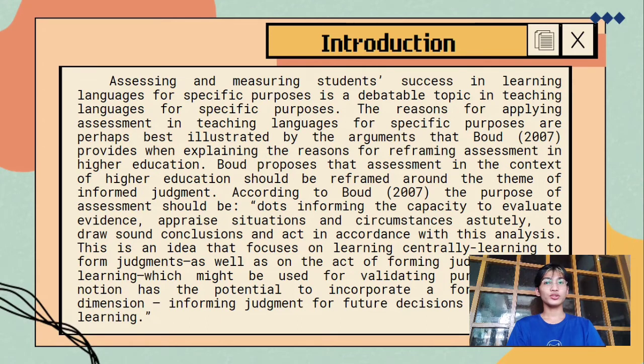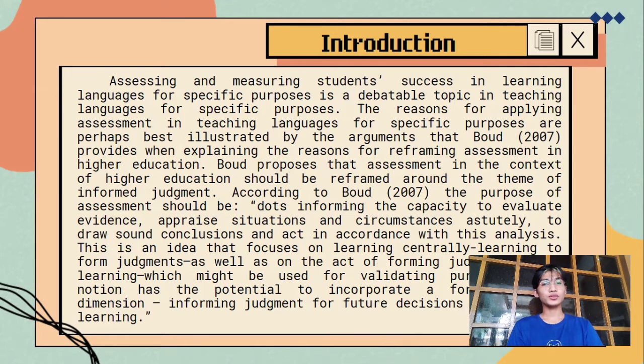For the introduction, assessing and measuring students' success in learning languages for specific purposes is a debatable topic in teaching languages for specific purposes. The reasons for applying assessment in teaching languages for specific purposes are perhaps best illustrated by one of the arguments that Boud 2007 provides when explaining the reasons for reframing assessment in higher education.